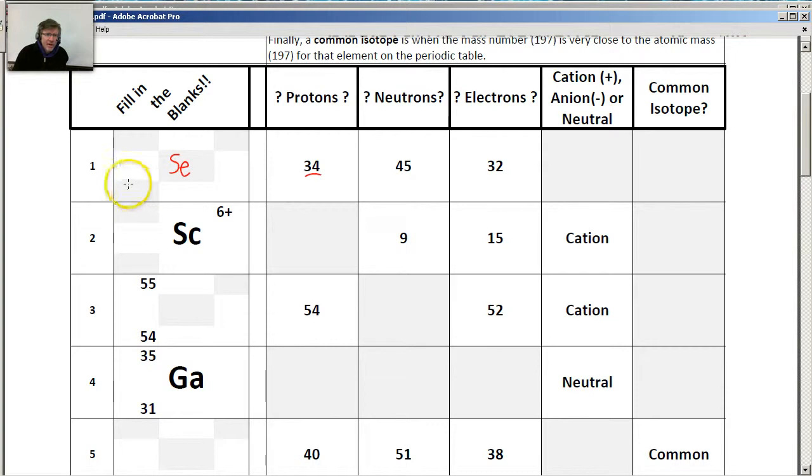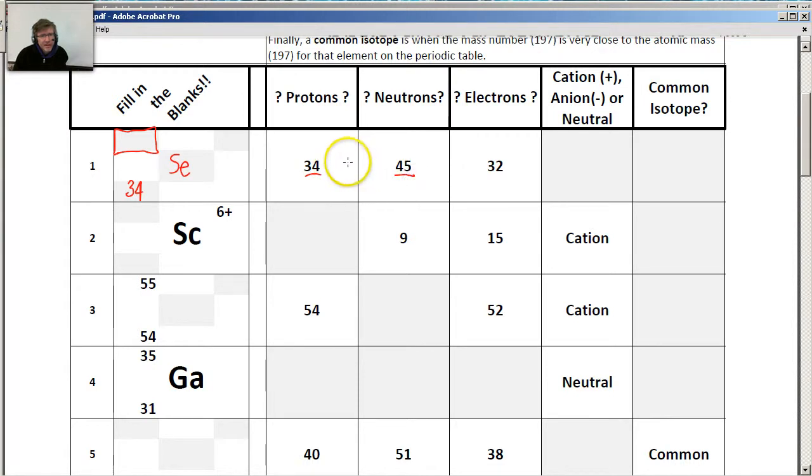That number also goes down here, 34, number of protons. And we are good. We've got the atomic symbol, and we've got the atomic number, or number of protons. Cool? Alright, the number up here is called the mass number. It's equal to the number of protons plus the number of neutrons. So you can look right here, this is the number of protons, this is the number of neutrons.